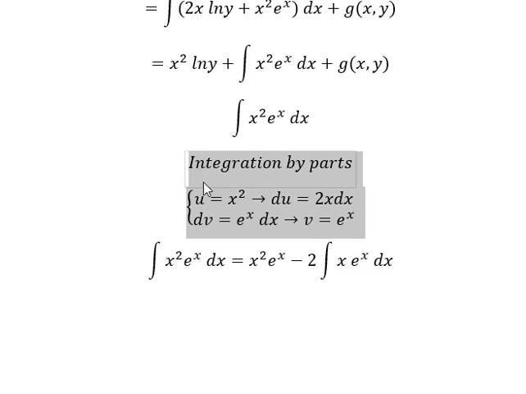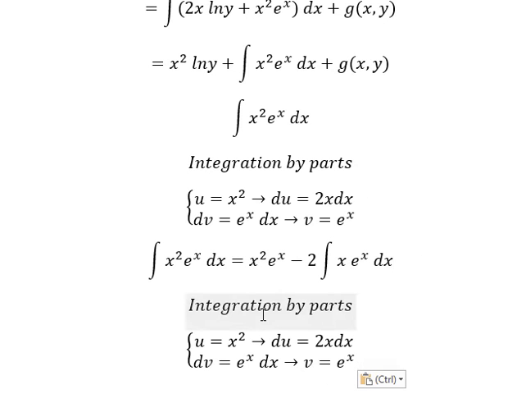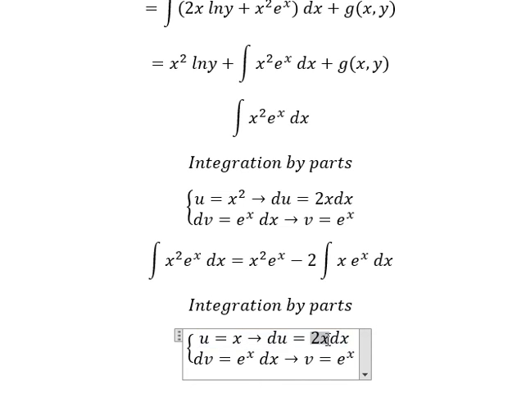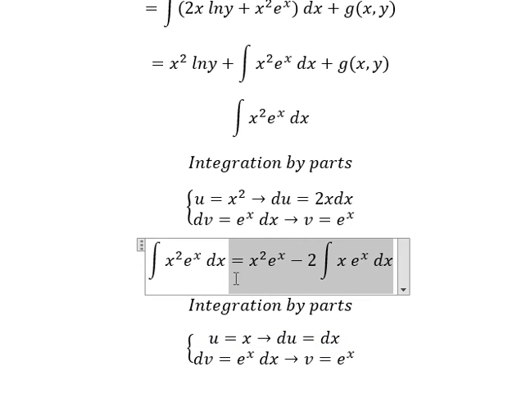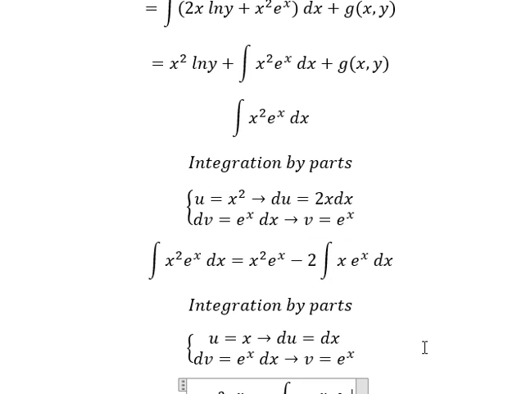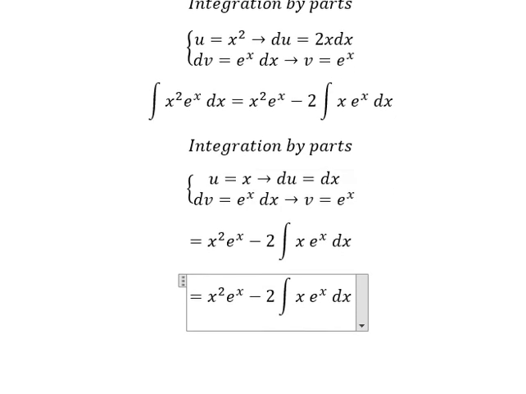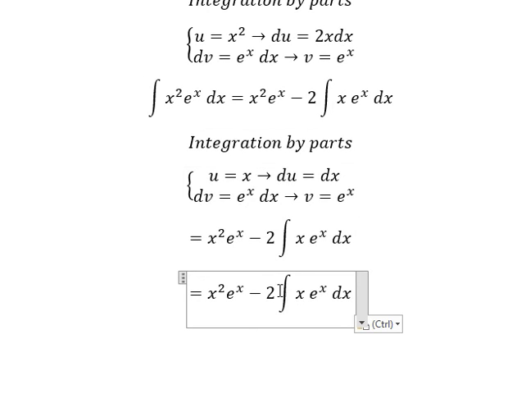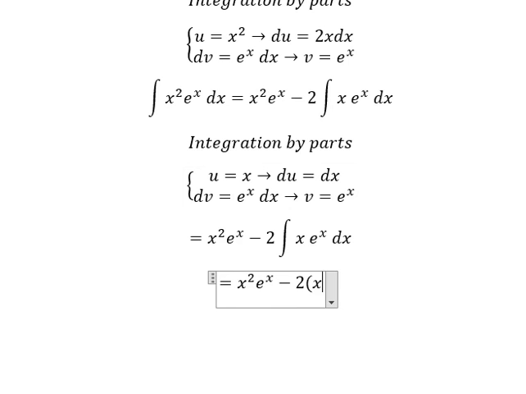Now we can use about integration by parts again, and I will select about s, and this one we have like this. So we have u multiplied by v, minus we have the u multiplied by v.